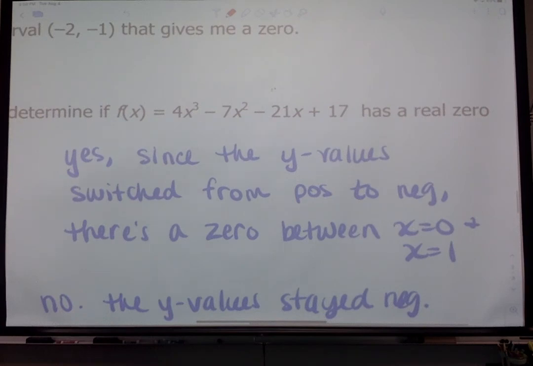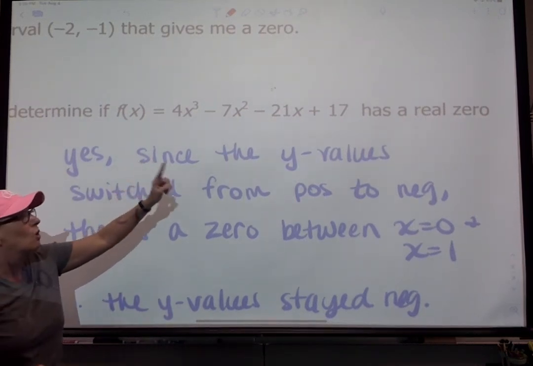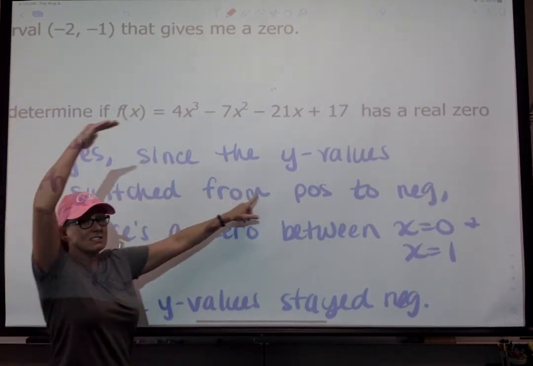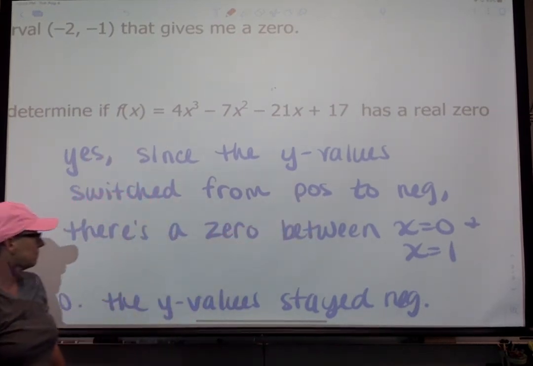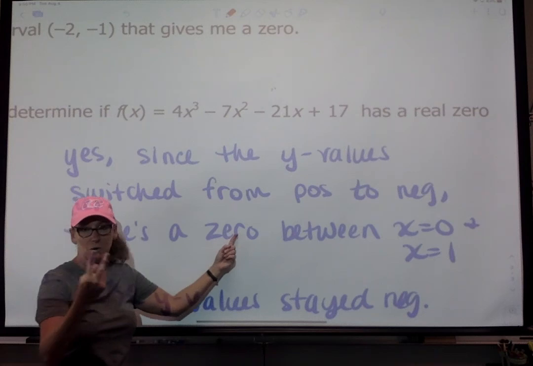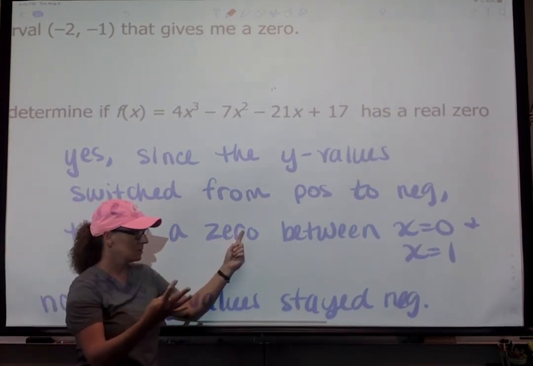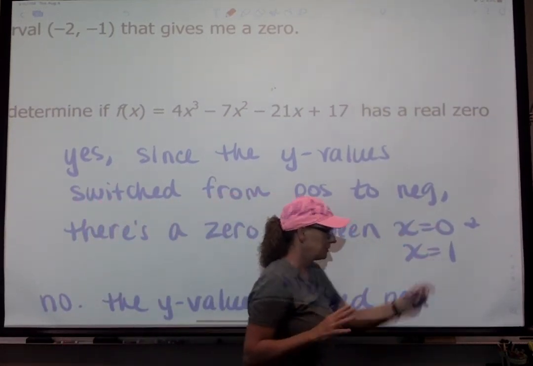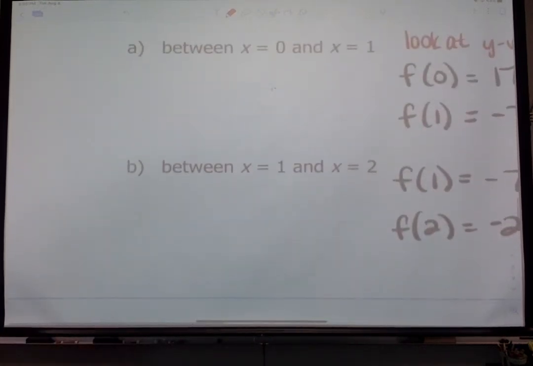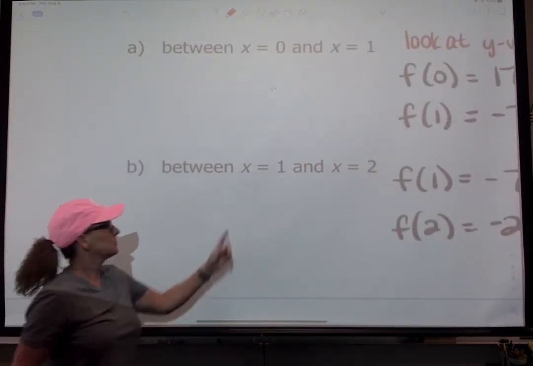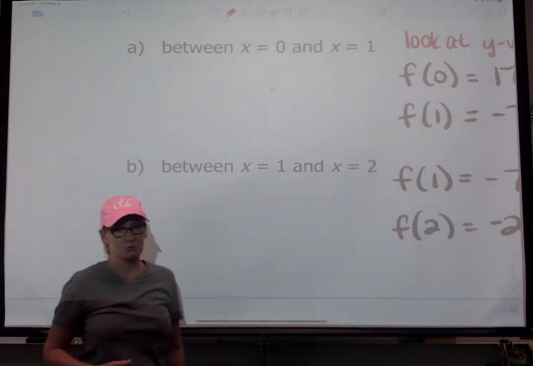So that's how I answered the question. Yes, since the y's switched from positive 17 to negative 7, there's a 0, a root, a solution, an x-intercept between here and here. Let's try the next one. How about, does it cross between positive 1 and positive 2?